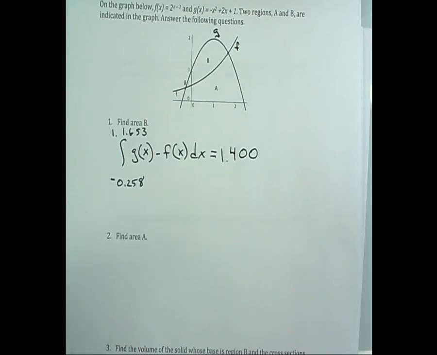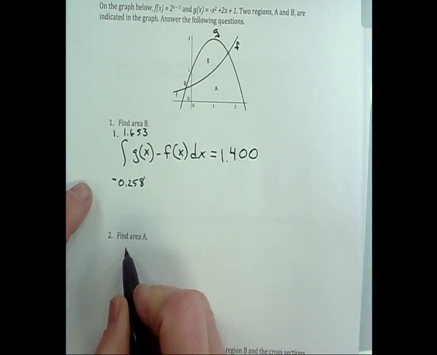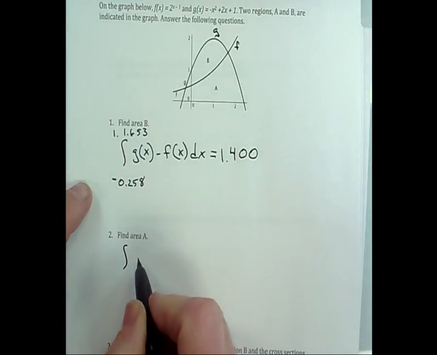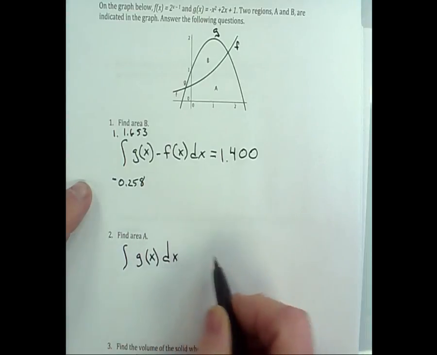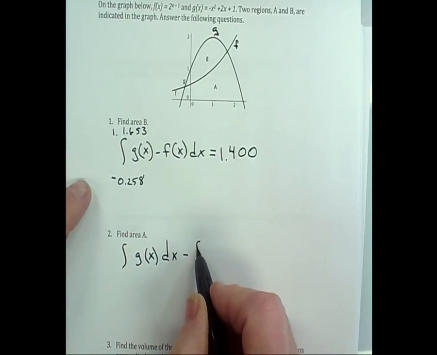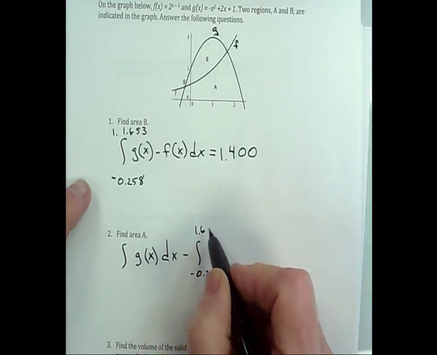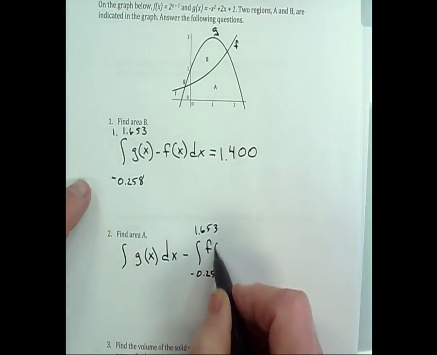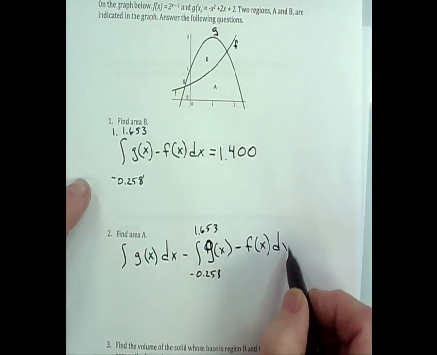Just subtract B from A. Take the area under g of x, the integral of g of x dx, and then subtract this area. Oops, sorry, g of x, that's what Hannah said. Sorry, Hannah, I wrote it down wrong.